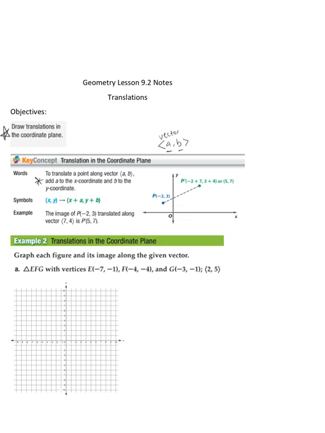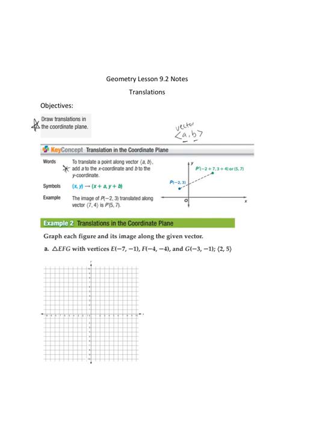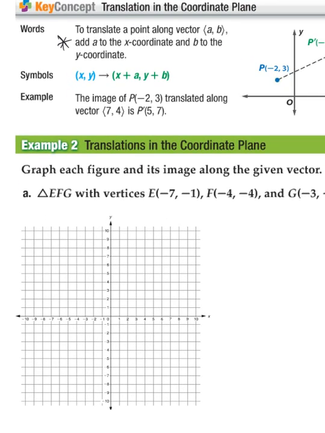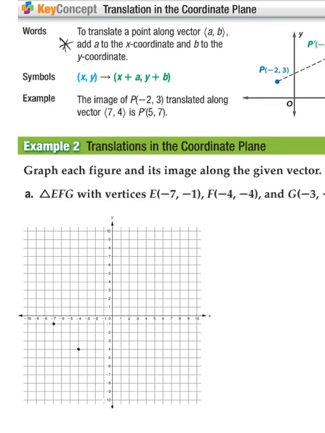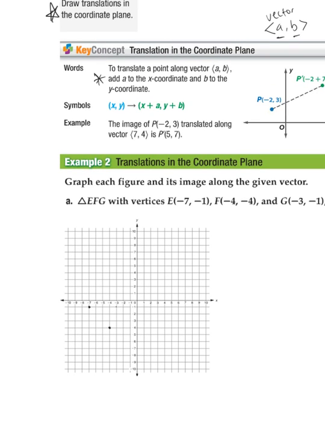So taking a look here, we are going to graph each figure and its image along the given vector. So we're going to take triangle EFG with vertices E(-7, -1), F(-4, -4), and G(-3, -1).